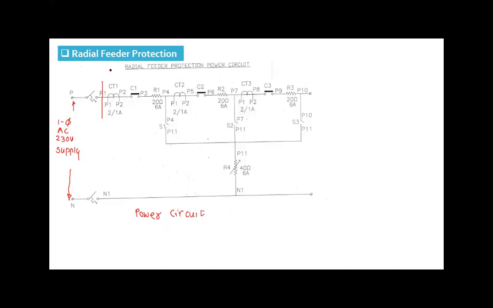Here is substation A, we can consider, and here is the relay R1 connected in series with the CT secondary. CT rating is 2 by 1.